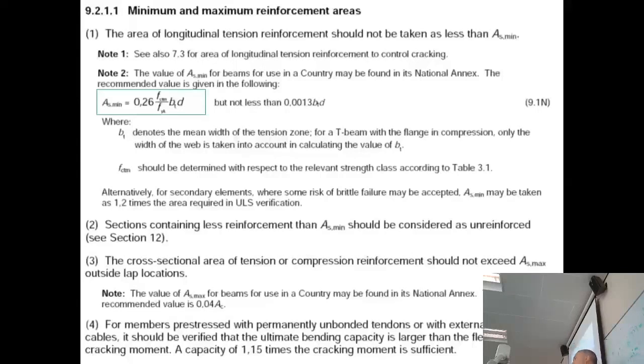We have to do these calcs. When you've done a lot of them, you can usually make assumptions. So do your cover first. You can only calculate your cover by also making an assumption on your bar sizes.